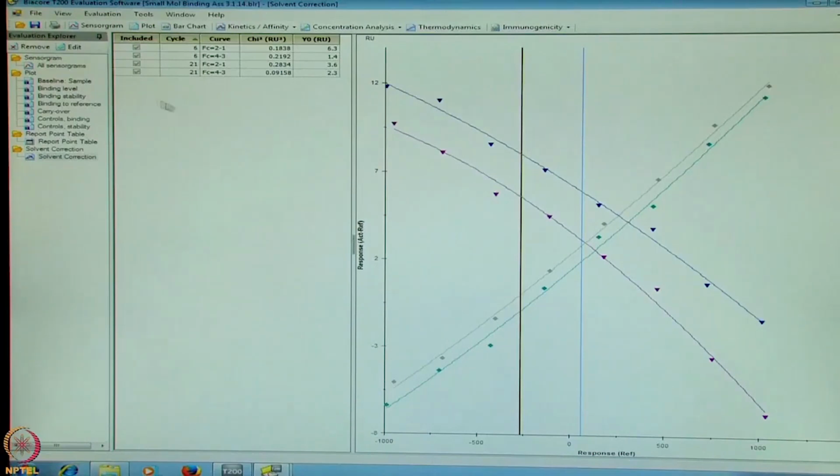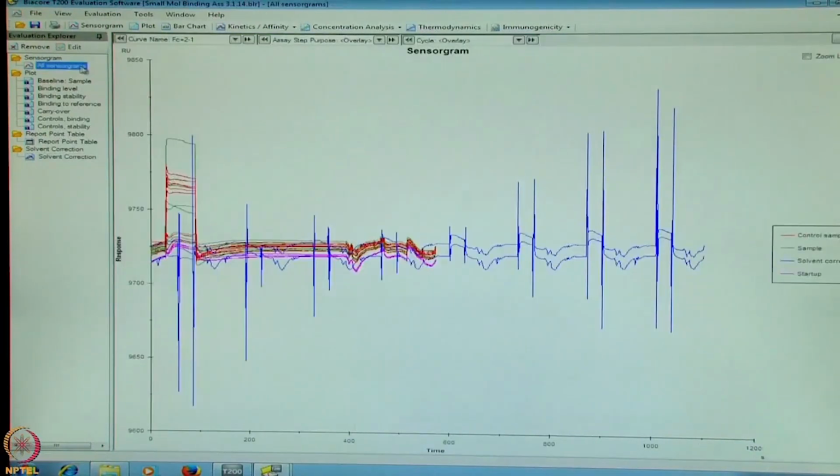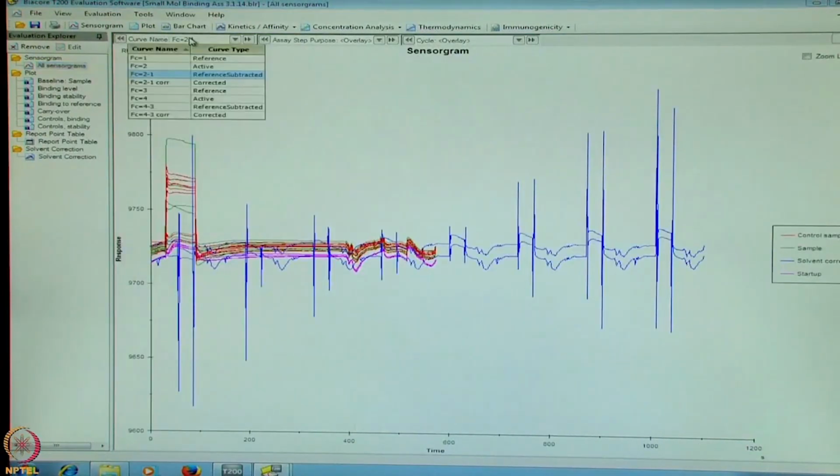We can now see in all the sensorgrams it shows 2-1 corrected and simultaneously 4-3 corrected with the solvent correction data that we have generated.